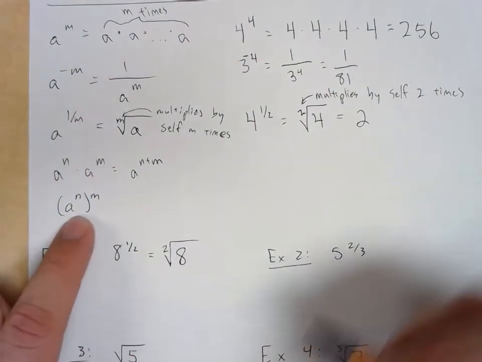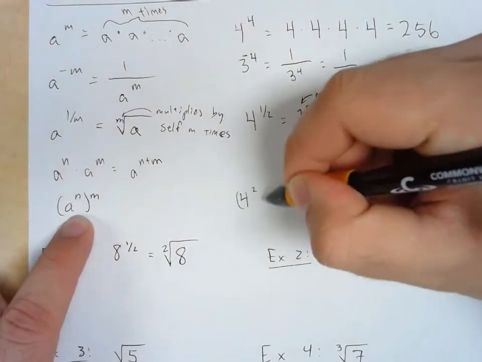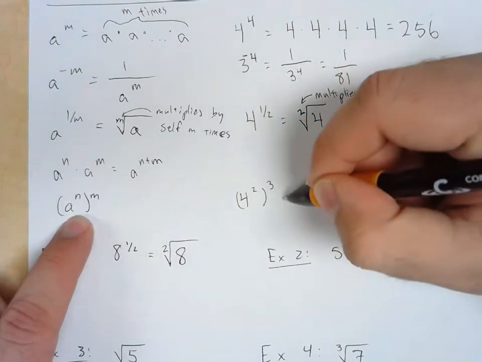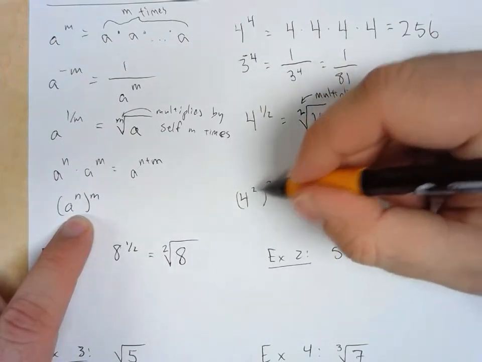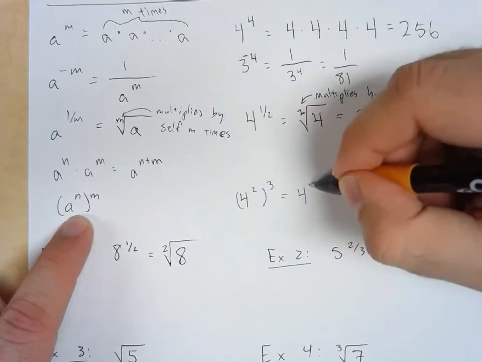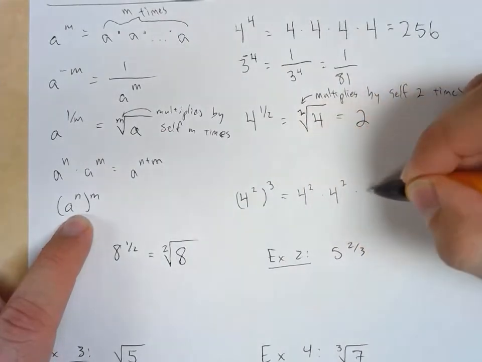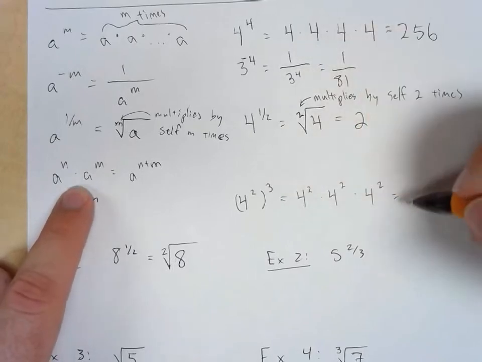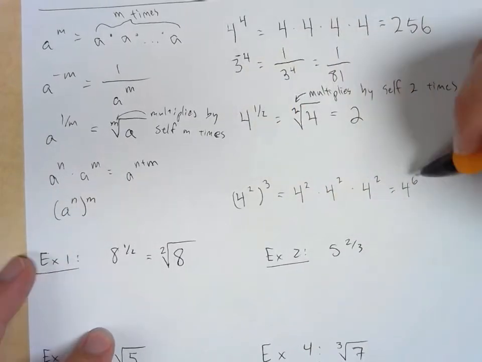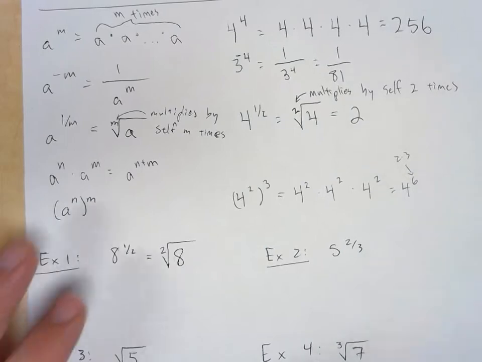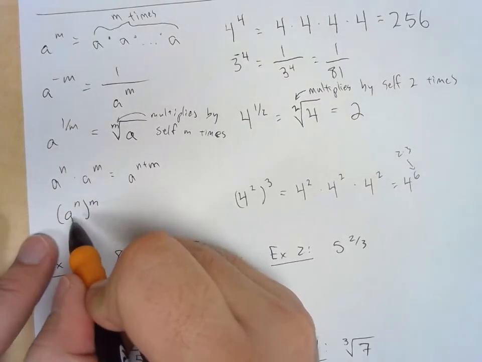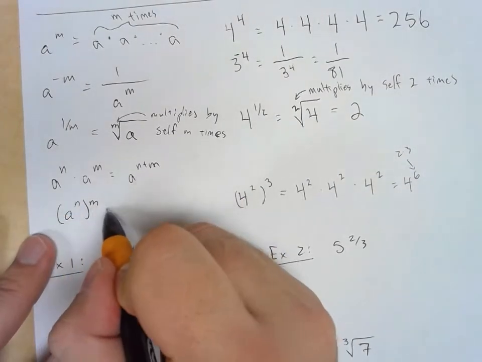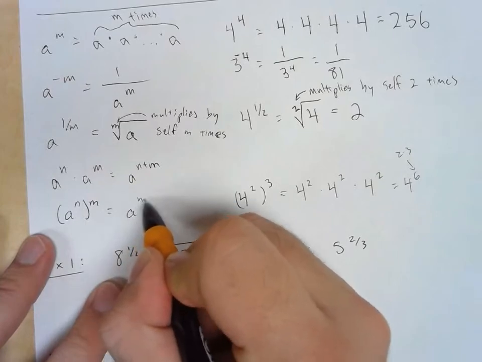If we have something like 4 squared to the 3rd power, then it would be 4 squared multiplied by itself 3 times, which is just going to be 2 plus 2 plus 2, which is 4 to the 6. Or we can just get 6 from 2 times 3. So a to the n, all to the m power, is just a to the n times m power.